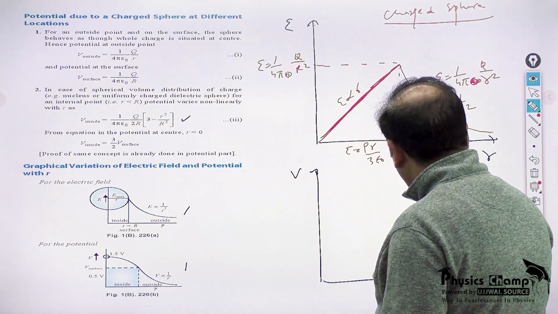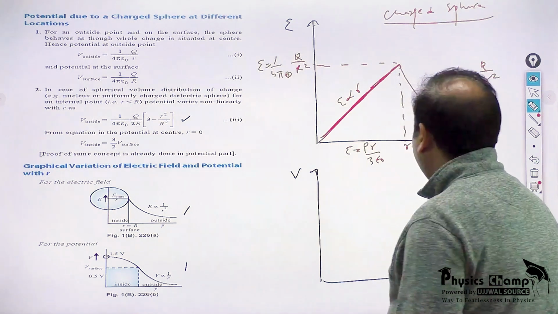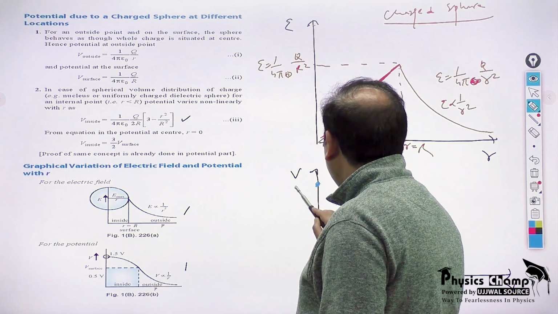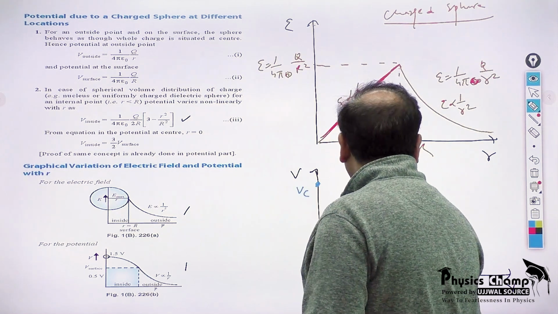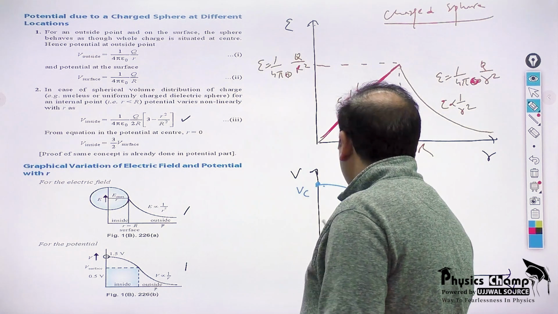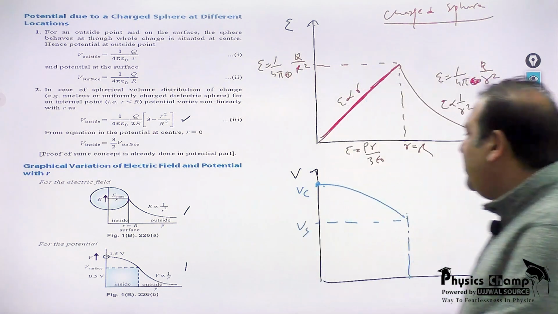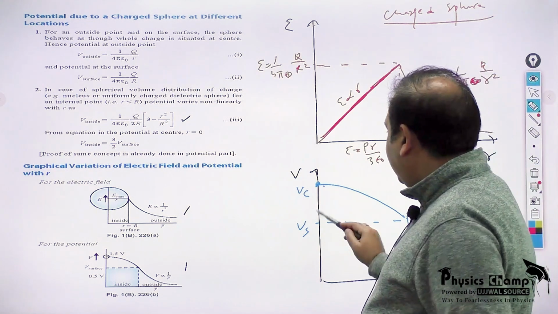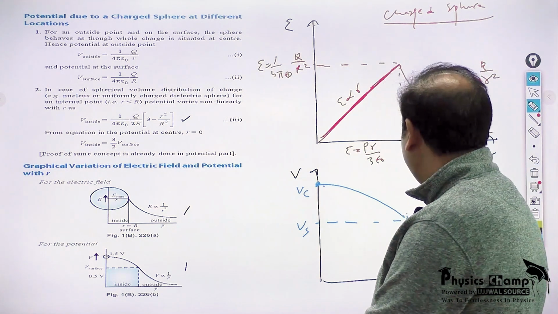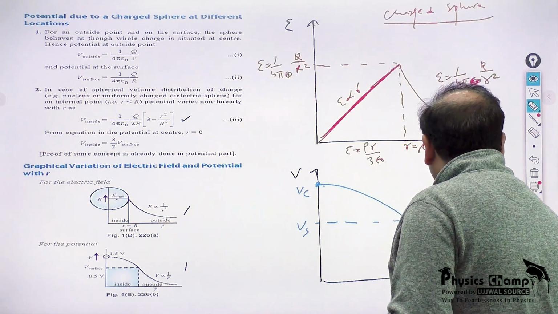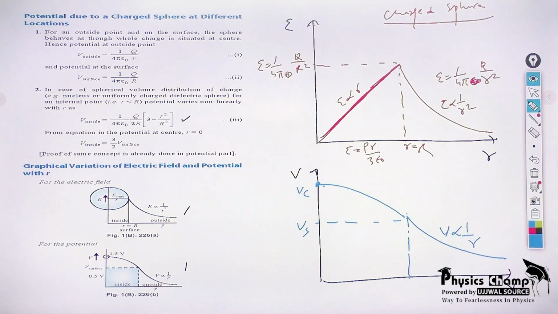Until the surface, the potential at center was Vc and potential at surface was Vs. So potential at center is 1.5 times the potential at surface. But after that, potential is inversely proportional to R, because for an outside point, it behaves as though the whole charge is situated at center.